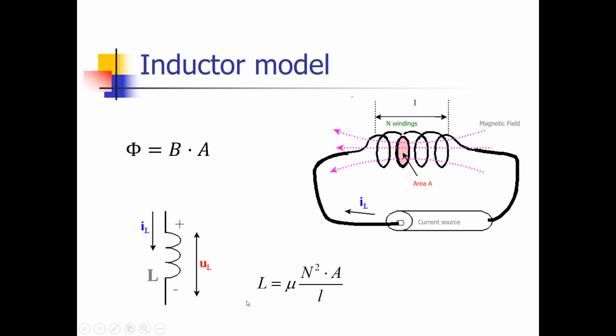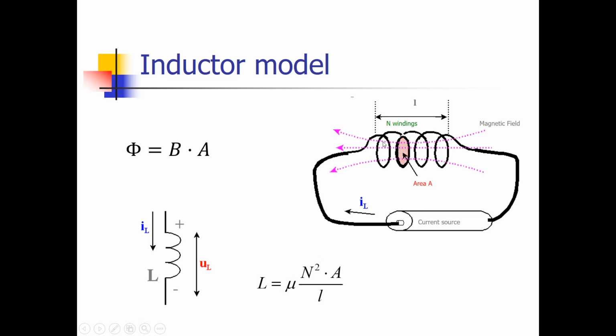Now that inductance value, this L, we can calculate by this formula. L is mu times N squared times A over l. What does that mean? Mu is the magnetic permeability, which is a physical factor about the material around which this coil has been wired. It could be air, but it could also be an iron core, and then we have to use the value of mu of iron.